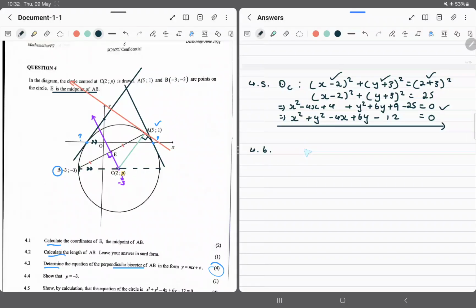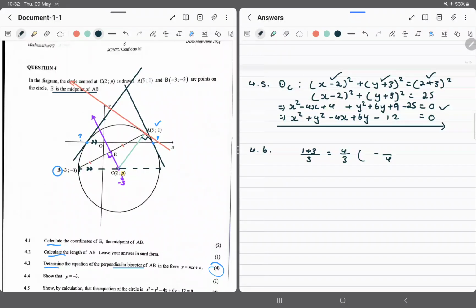I'm just going to explore the gradient at the moment. So it's going to be 1 minus minus 3, which is plus 3, over 5 minus 2, which will be 3. So this is 4 over 3. Okay? It's a positive gradient. So that means the gradient of the tangent line is going to be the negative inverse of this. So it's going to be minus 3 over 4.